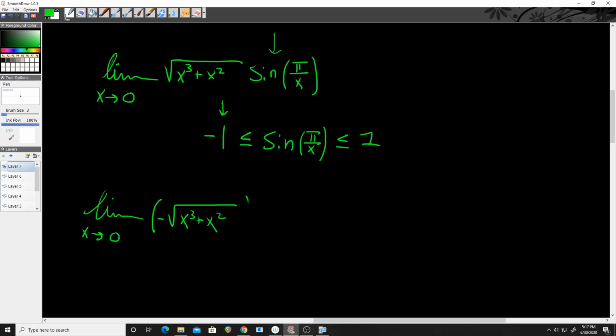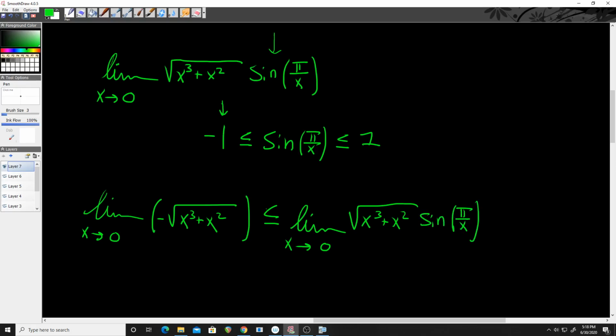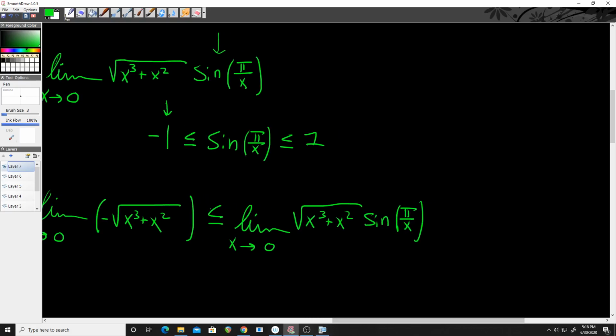So this has to be less than or equal to the limit as x approaches 0 of the thing that we're trying to figure out. And just like before, the sine part can never exceed 1. So this expression is always less than or equal to the limit as x approaches 0, and then just replace the sine part with a 1, and all you get is the square root x cubed plus x squared.